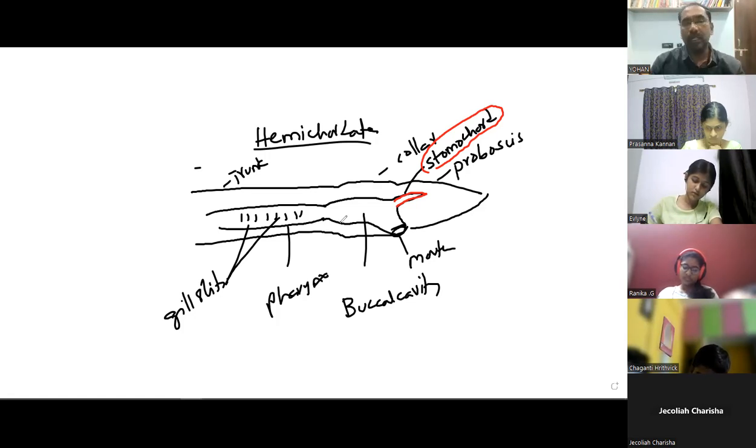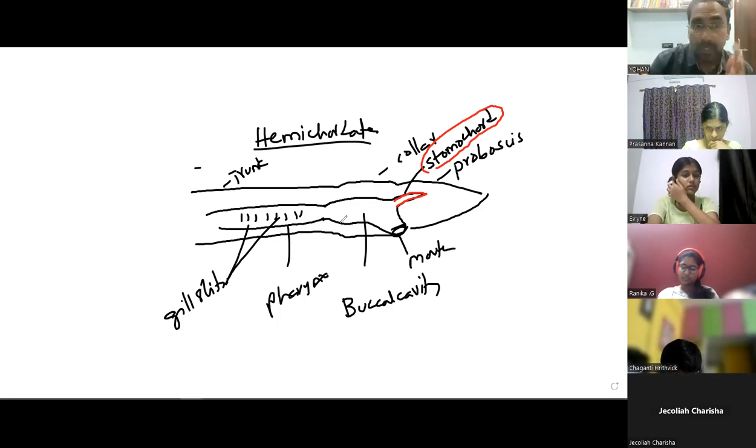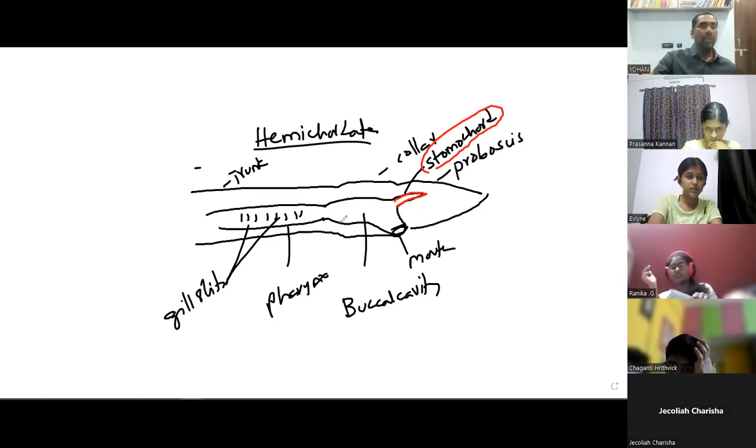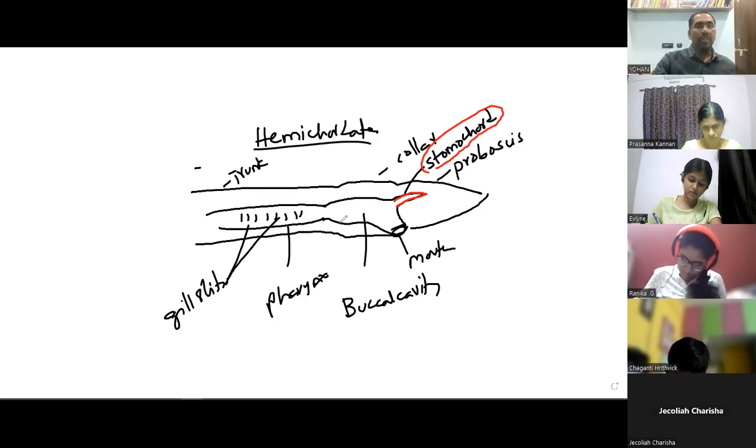Hence, it was separated from chordata and now placed under non-chordata. But still, it shows characters of both non-chordates and chordates. As it shows features of chordates and non-chordates, the name given is connecting link, very important.